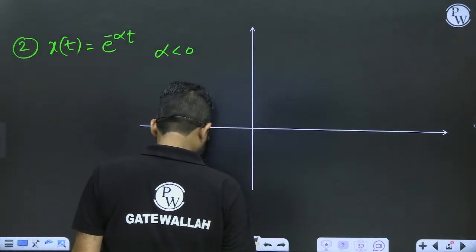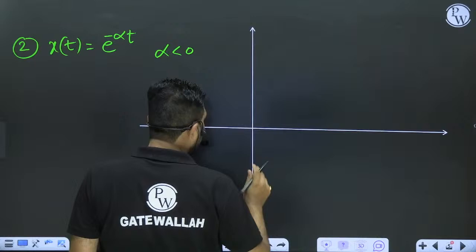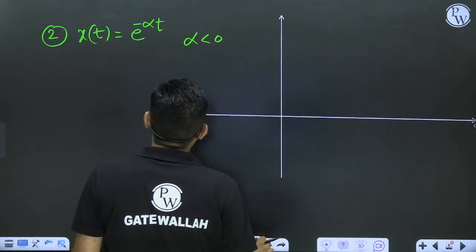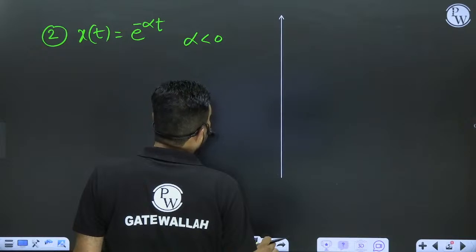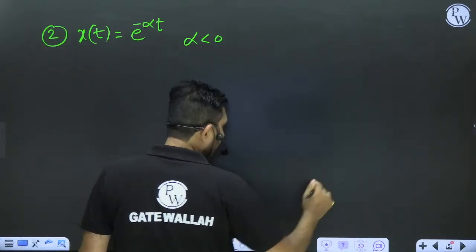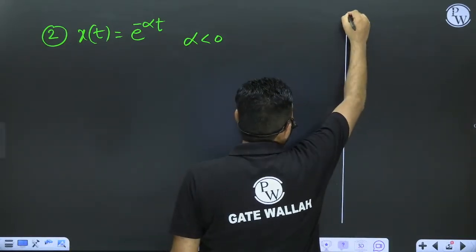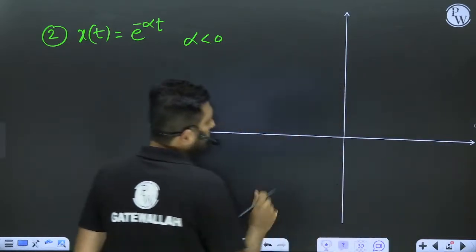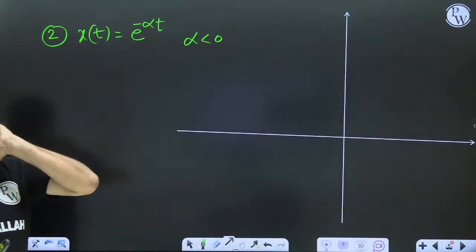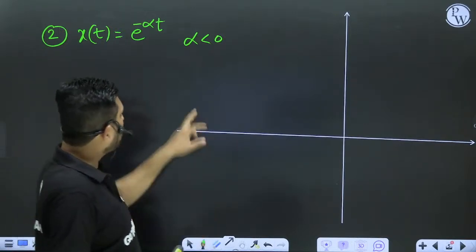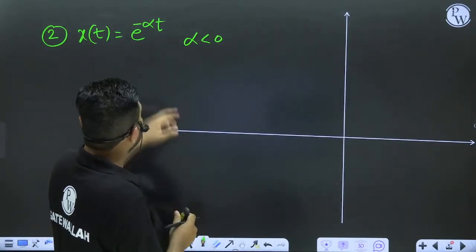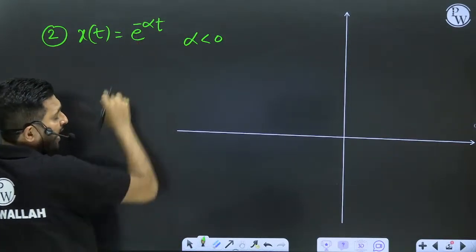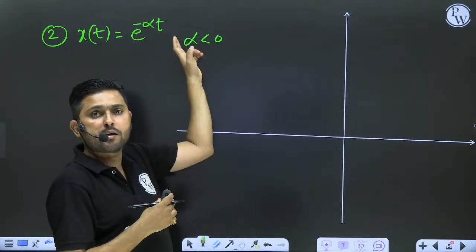Suppose here we have this function. When you put t equal to minus infinity, it becomes plus infinity. And when you put t equal to 0, it becomes 1.